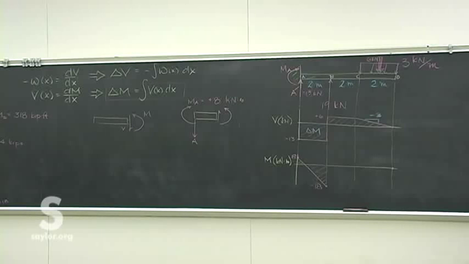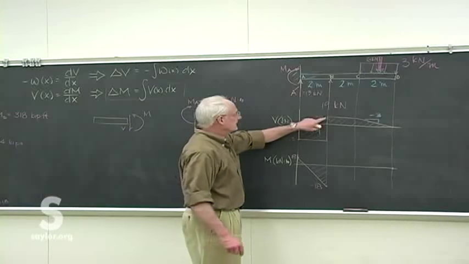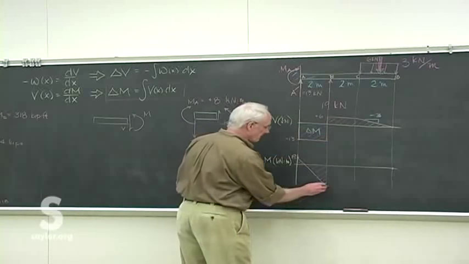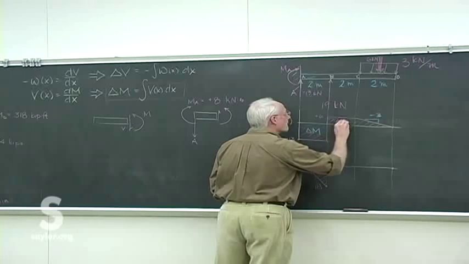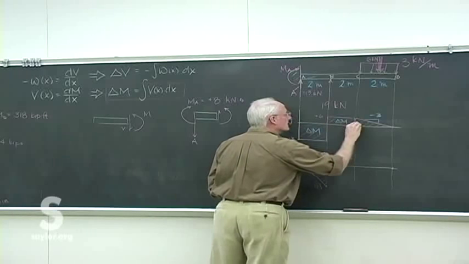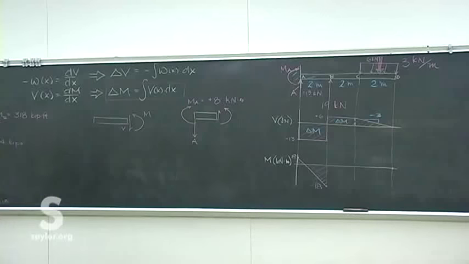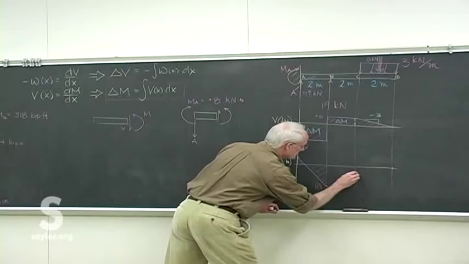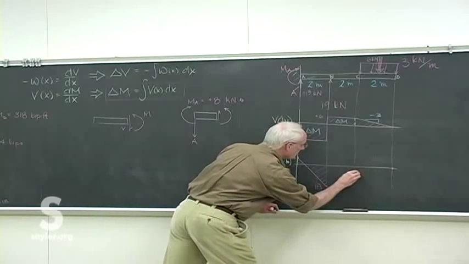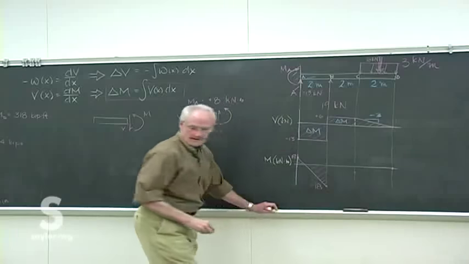No, look at the shear diagram. It's positive, so the shear diagram then turns positive and constant, so we have a positive and constant slope. And we can figure out the delta M for that space. That's just a 12, so it goes up to, what, a -6? Which would put it right about there, I think.